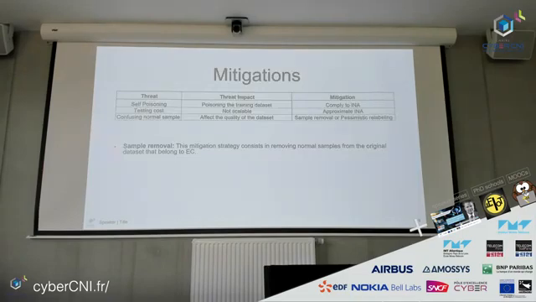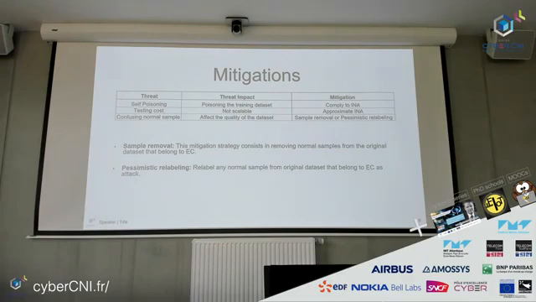So the first mitigation is sample removal. Here we remove the confusing normal samples that look like an attack from the original data set, since they are responsible for generating contradictory samples in adversarial generation. The second one is pessimistic relabeling, where we go a step further by labeling those confusing normal samples as attack samples.